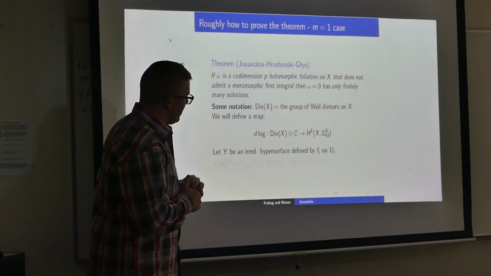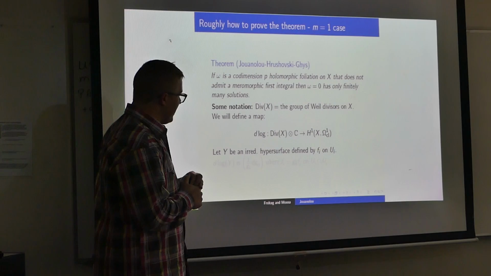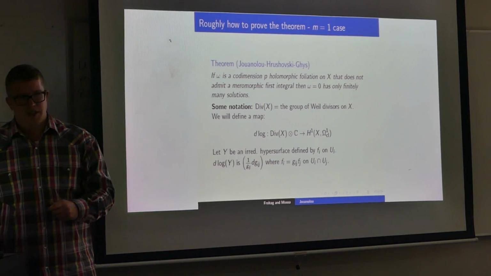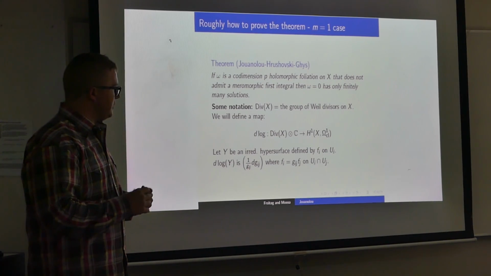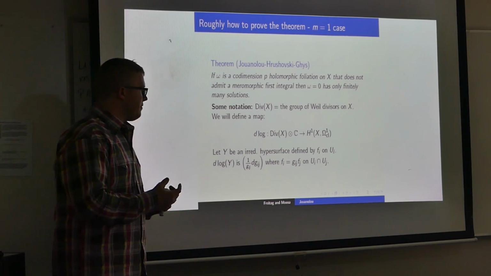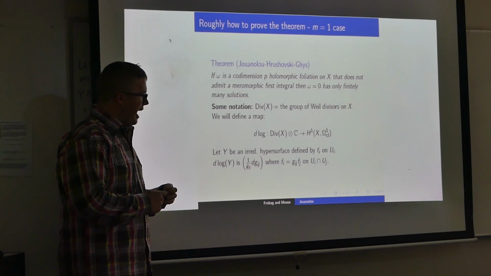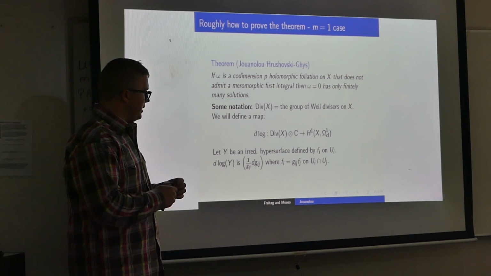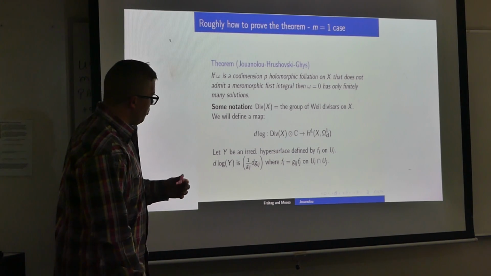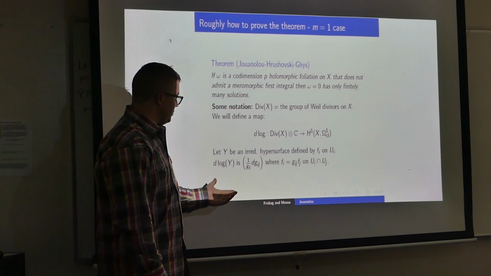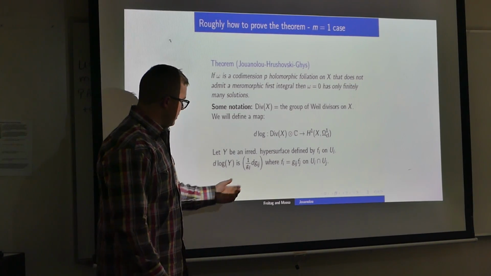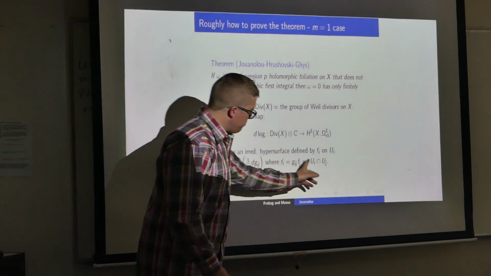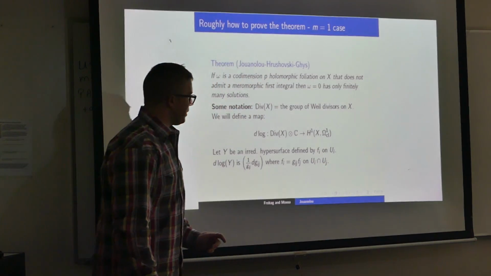The way that I want to define this map is the following. It involves the transition functions of the defining equation. So f is defined by the equation f_i on the open set U_i, and the g_ij's are the transition functions. What I'm doing is taking the logarithmic derivative, in a certain sense, of the transition functions on pairs of sets in the open cover.